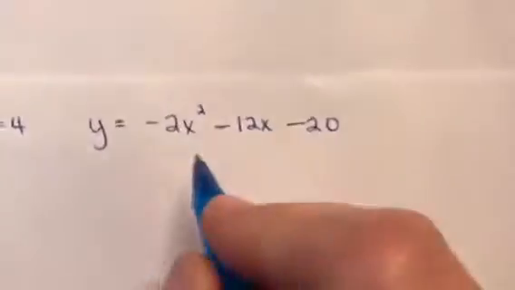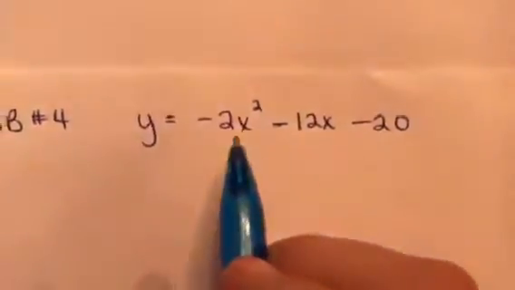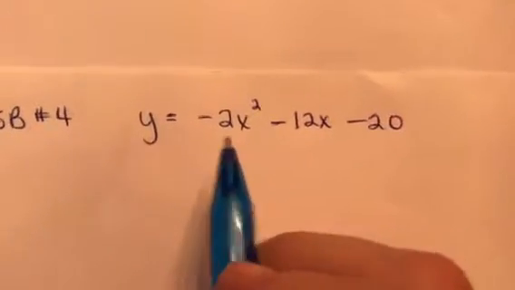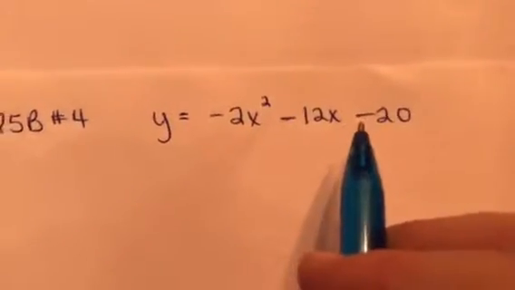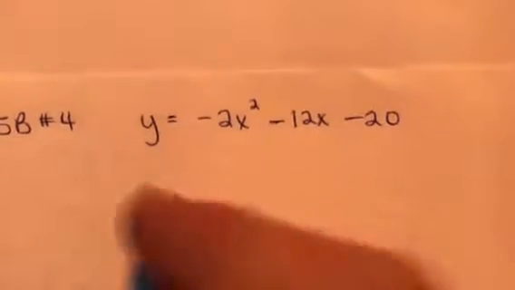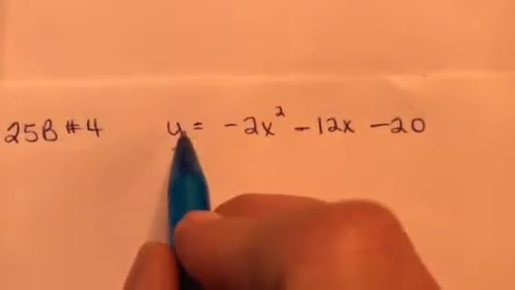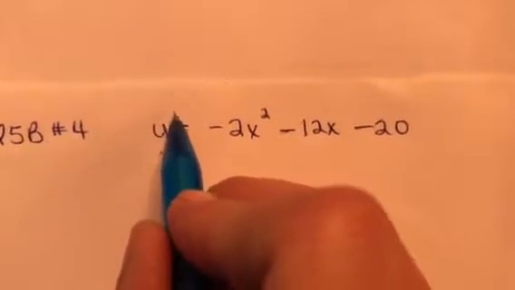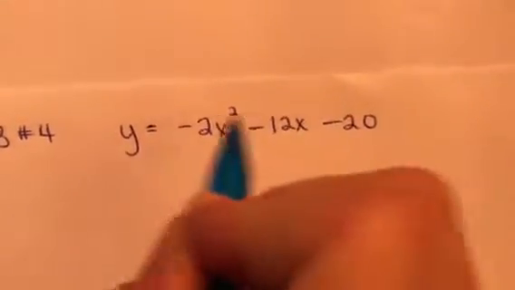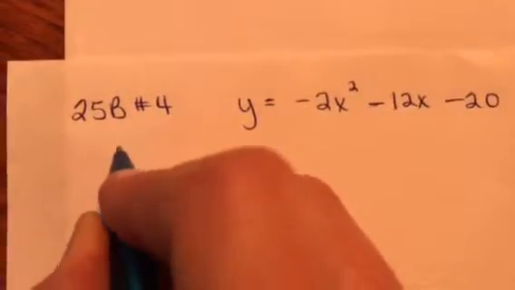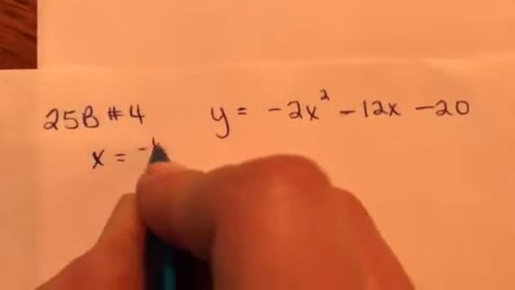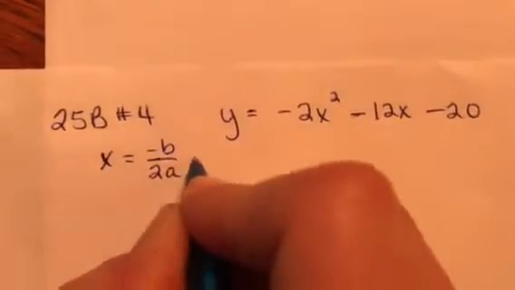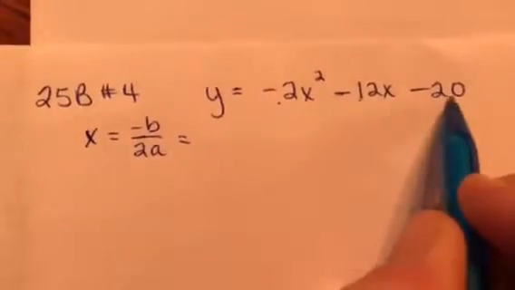Here's the deal. Because these are not in standard form, there's a little trick of how you can find the vertex. First of all, you want to get the y value, whatever's to the first power, by itself. So this is great. But the way you can find the x value of the vertex is use your little equation, negative b over 2a. This is your a, your b, your c.